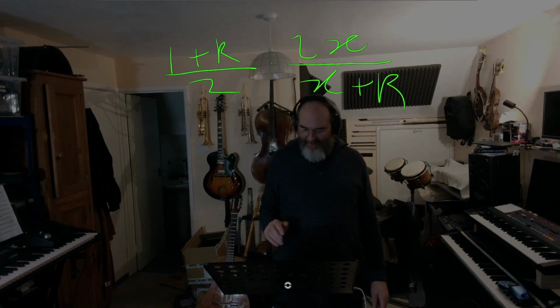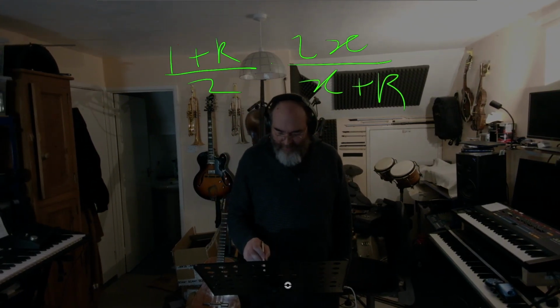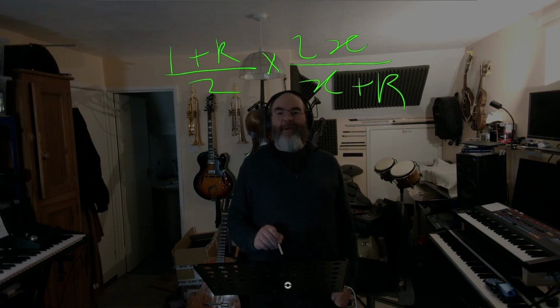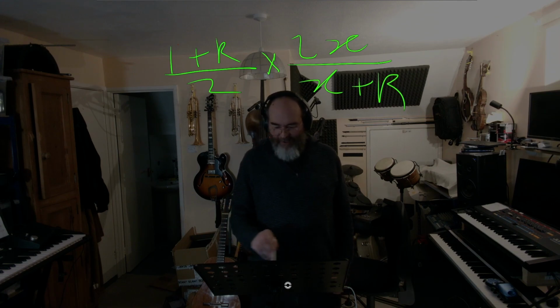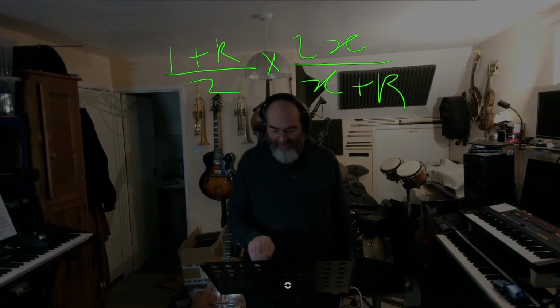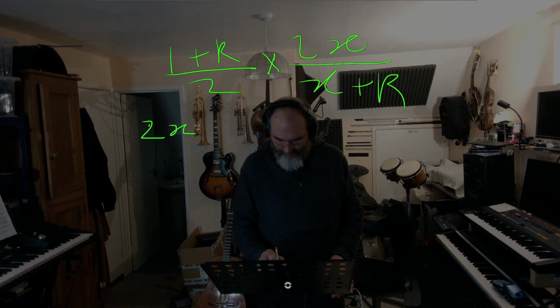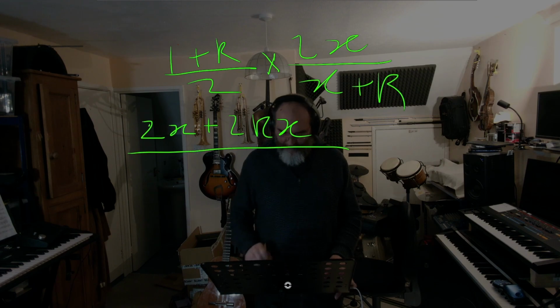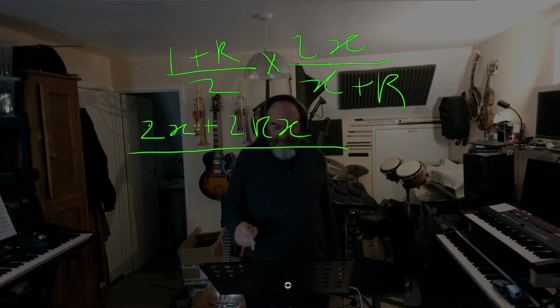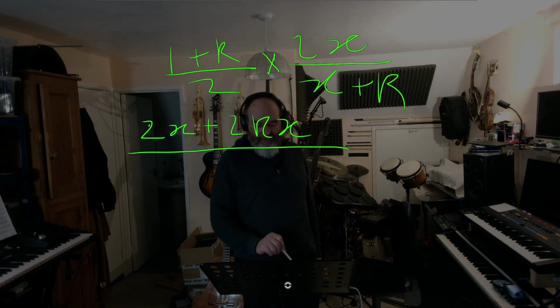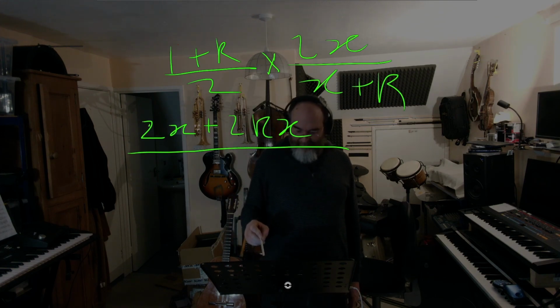So let's do a little bit of algebra on this to simplify it, because there's a little bit of a mess right now. If you're multiplying those two fractions, you do that by multiplying the tops together and the bottoms together. So this becomes 2x plus 2kx, right? So it becomes 2x times 1 plus 2xk.